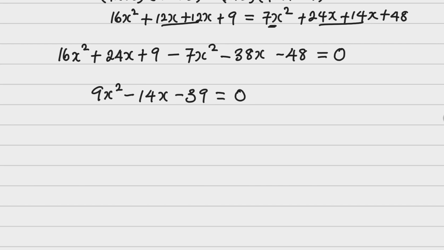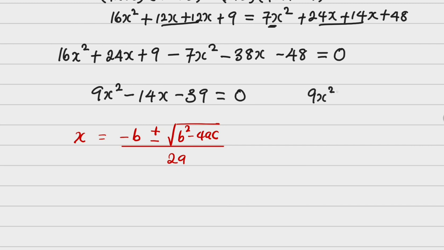Now, this equation can be factorized, but if it's going to give you problems, quickly just use the quadratic formula, which says x is equal to minus b plus or minus root of b squared minus 4ac all over 2a.